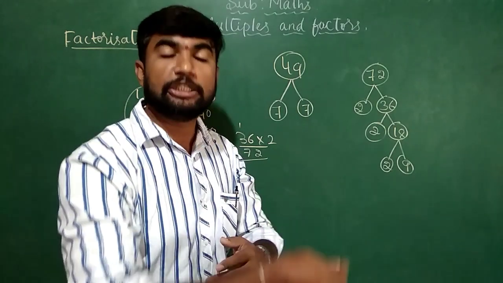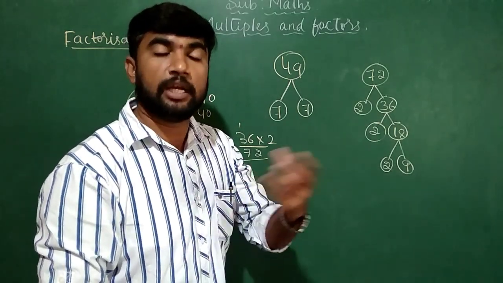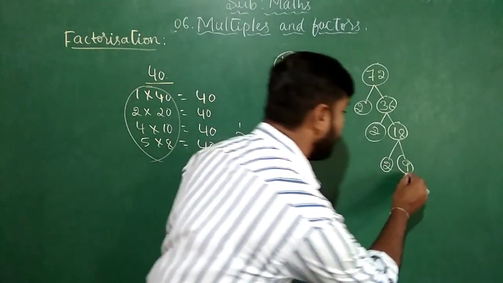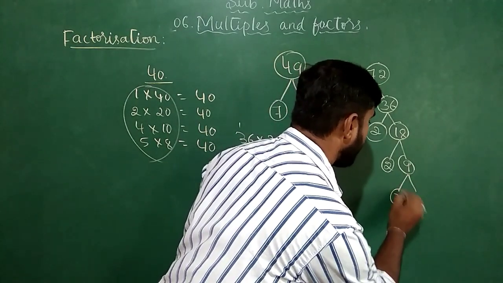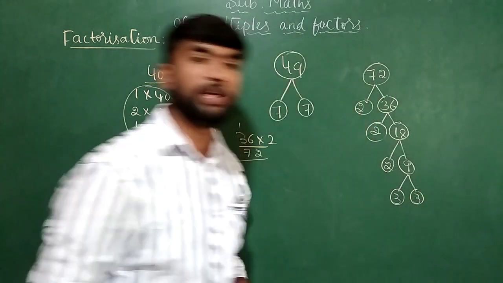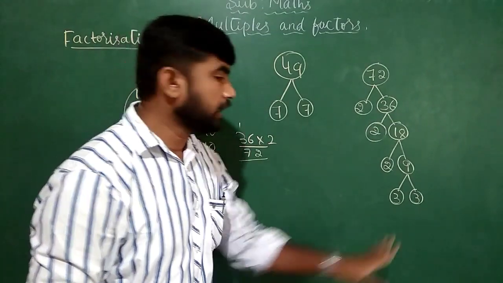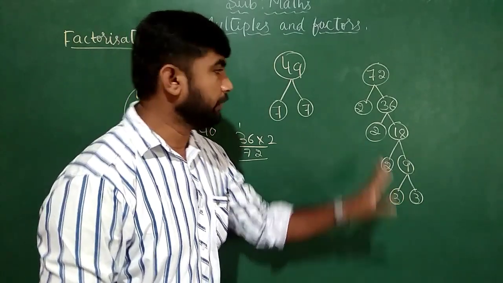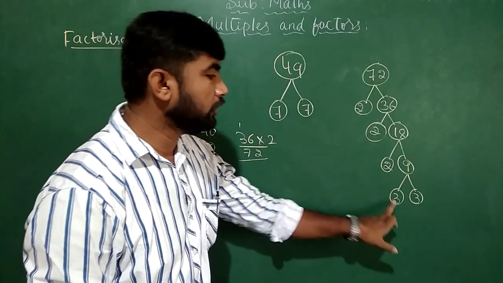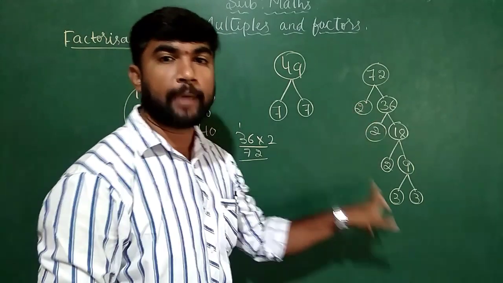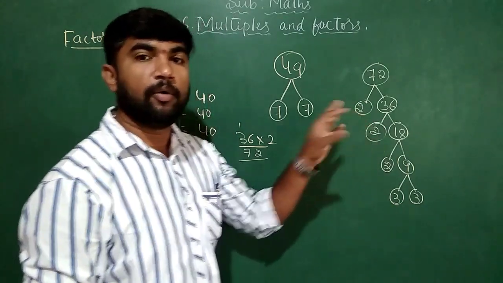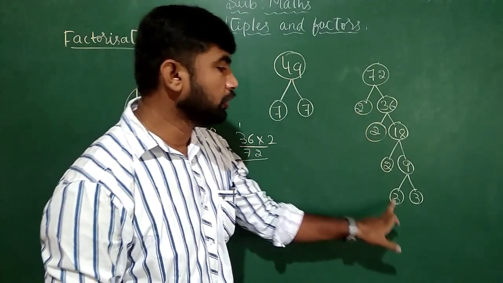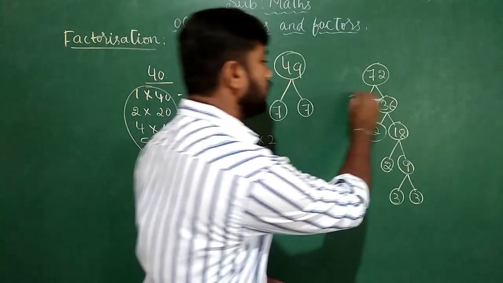Again we go to the next table, that is 3, the next prime number. 3 times how much is 9? 3 threes are 9. 3 is a prime number, so we stop. 2, 2, 2, 3 and 3 are the prime factors. By using the factor tree method, we found the prime factors 2, 2, 2, 3 and 3.